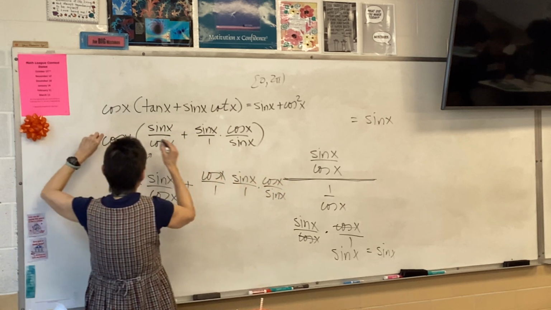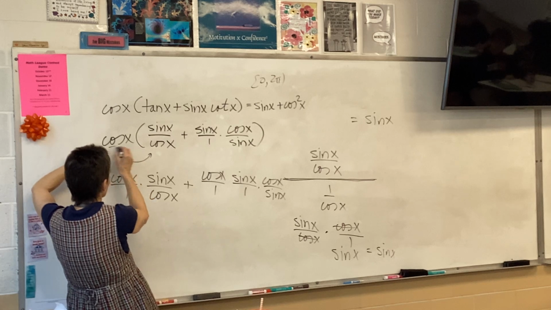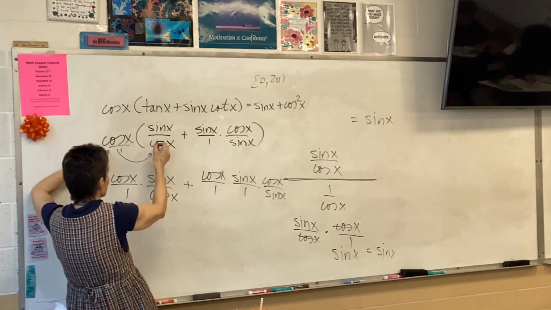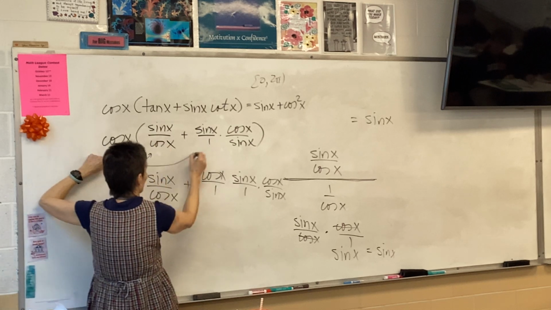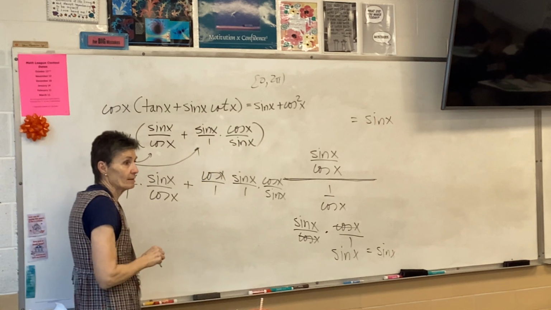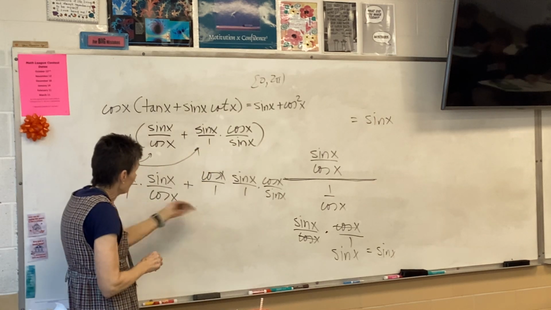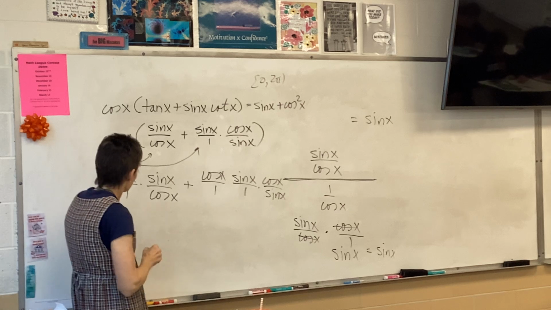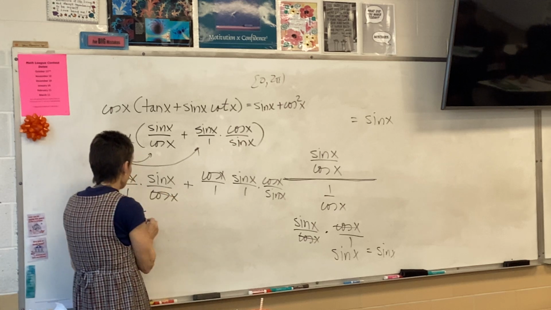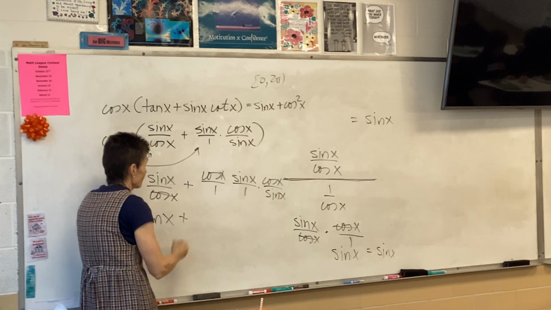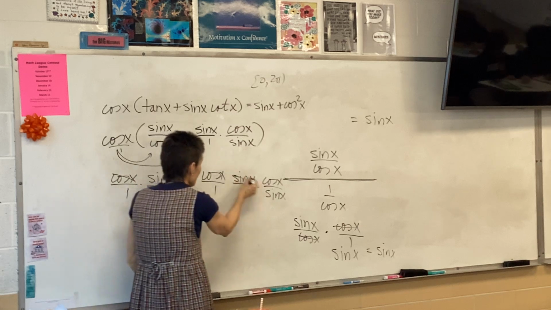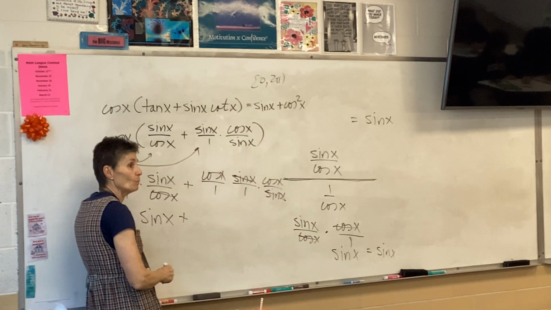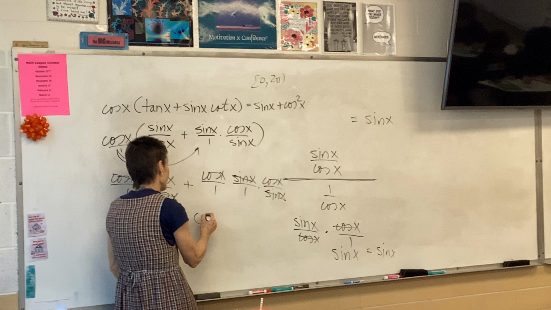So nobody gets confused, we're taking cosine over 1 times this, and then cosine over 1 times that. Then do the third one. So what happens? Those cancel out. These cancel and leave me with sine. These cancel and leave me with cosine squared.